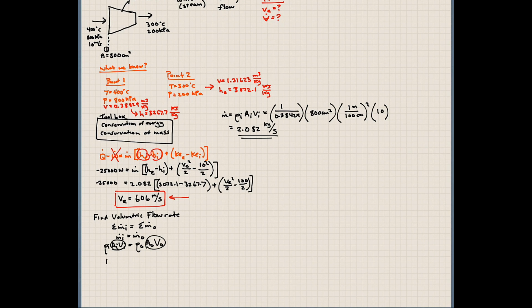So we'll rewrite this as density at the inlet times volumetric flow rate at the inlet is equal to density at the exit times volumetric flow rate at the exit. Now we're trying to find volumetric flow rate at the exit, so this is what we're wanting to find.